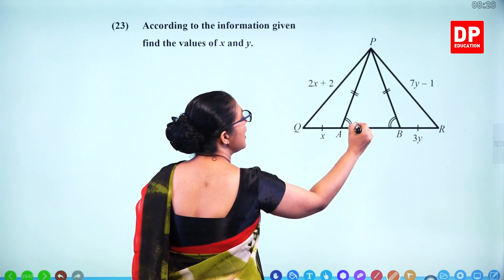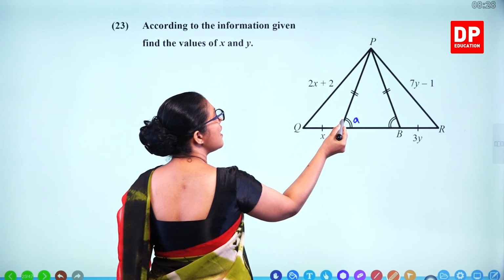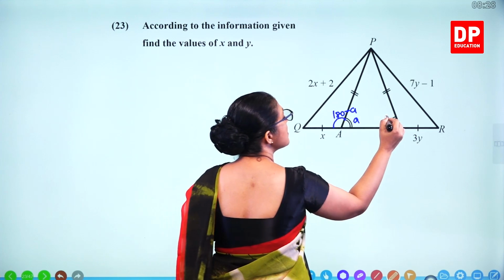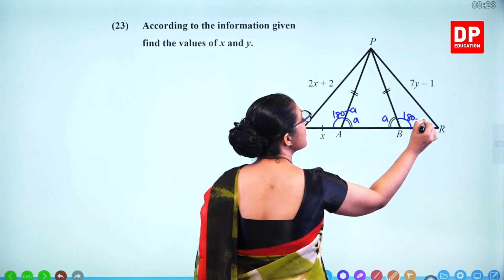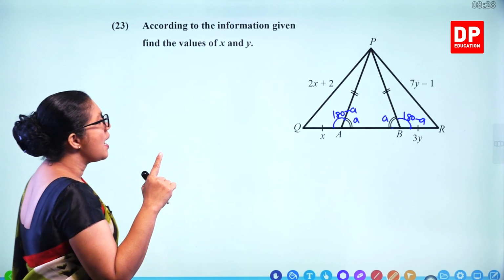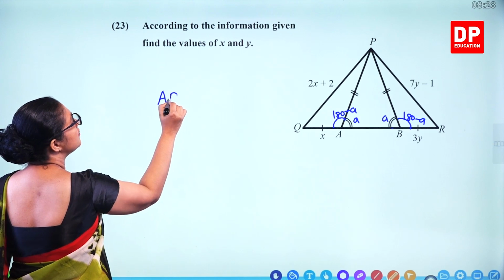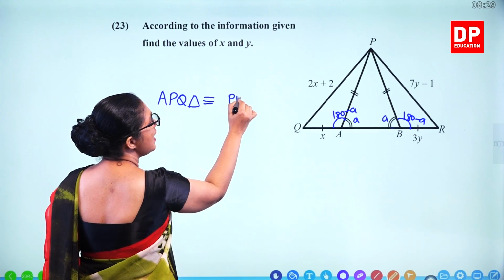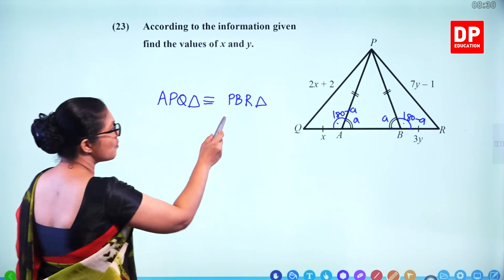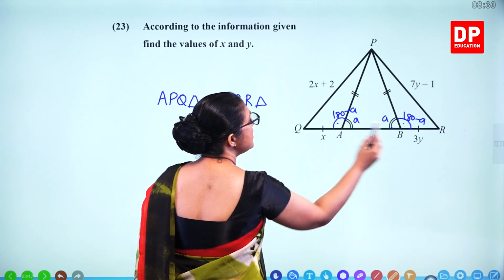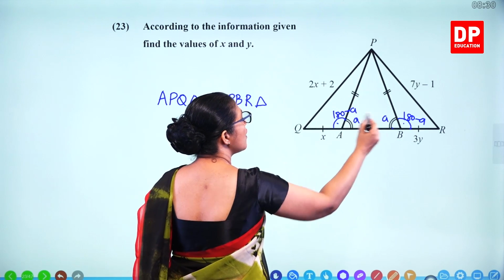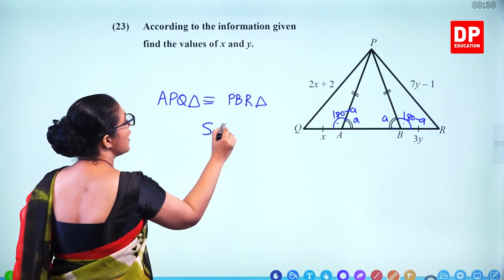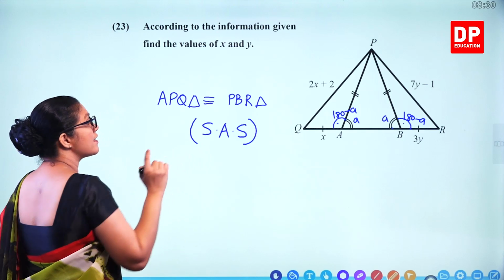This is A, put A. This is 180 minus A. Here if this is A, this is also 180 minus A. Now look at APQ triangle is congruent to PBR triangle. So what's the case? These two lengths are equal, these two lengths are equal, and the included angle is also equal. SAS, because of SAS, the two triangles are congruent.